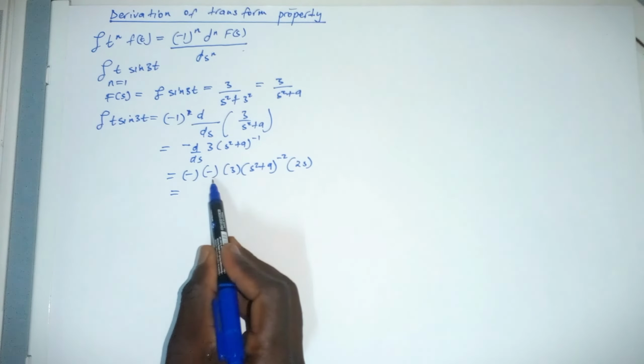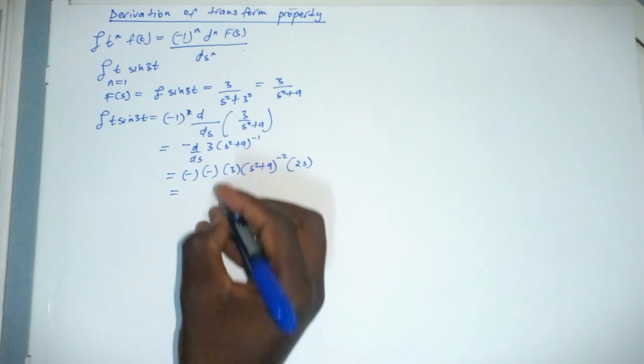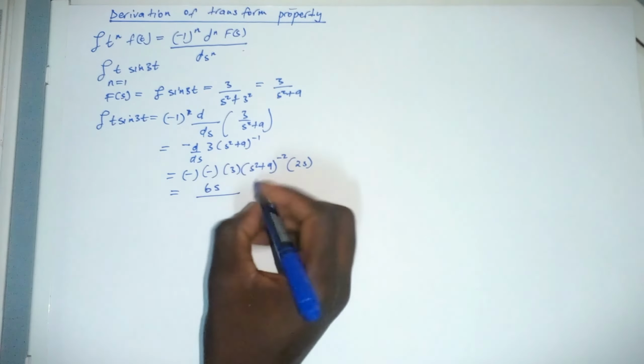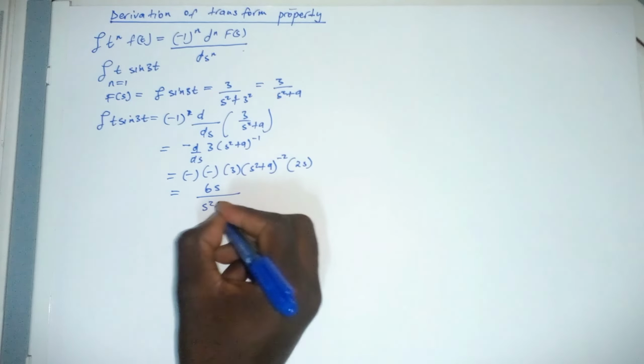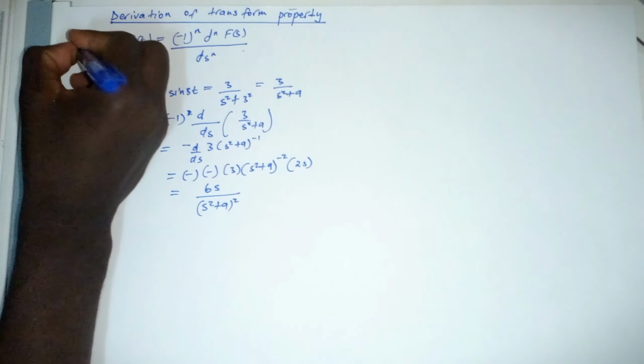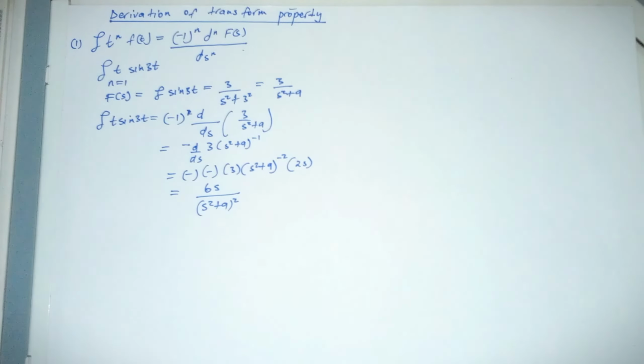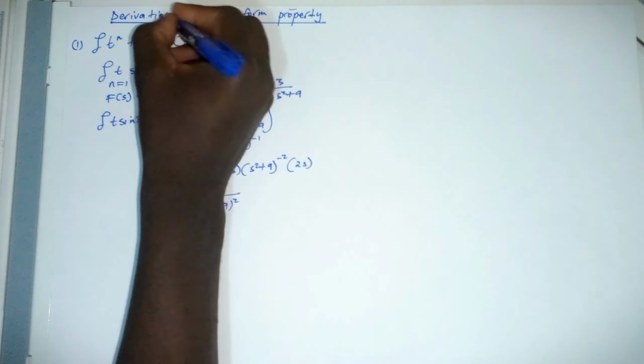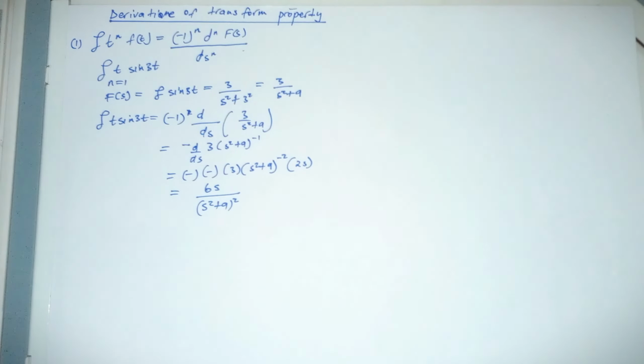So negative times negative is positive. 2 times 3, that is going to give us 6s divided by (s squared plus 9) squared. So this is the answer using the derivative of transform property. Okay, it's the derivative of transform property.